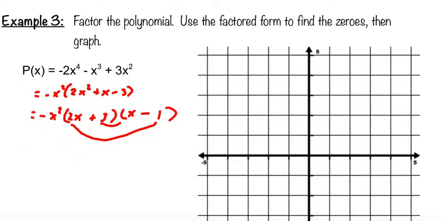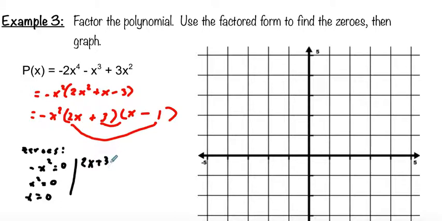So let's name our zeros here next. My zeros here, so I can take each term, set equals 0, and solve for x. So divide by -1, take the square root, and I get x equals 0. 2x plus 3 equals 0.